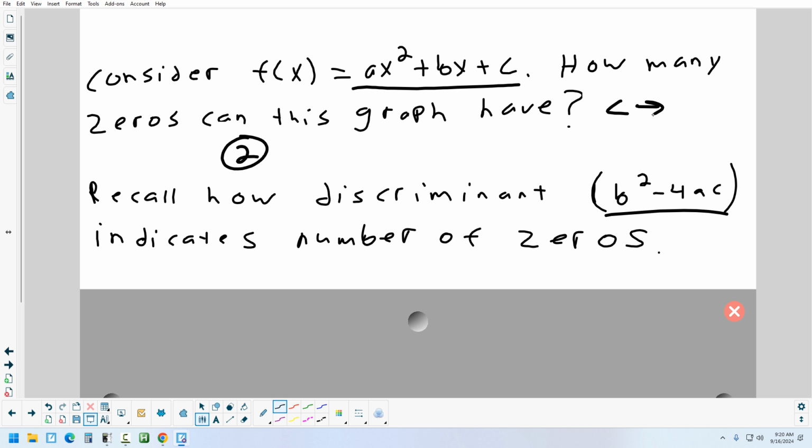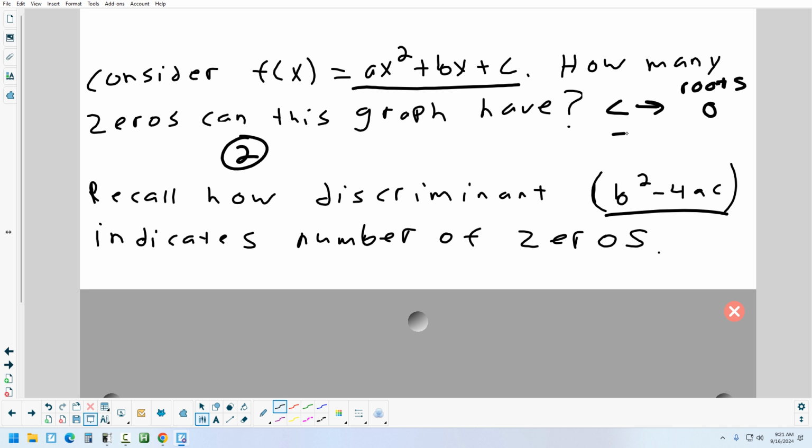If the discriminant is less than 0, how many times does it cross the x-axis? No times, because if that comes out less than 0, you have the square root of a negative number. Now you're dealing with imaginary roots.